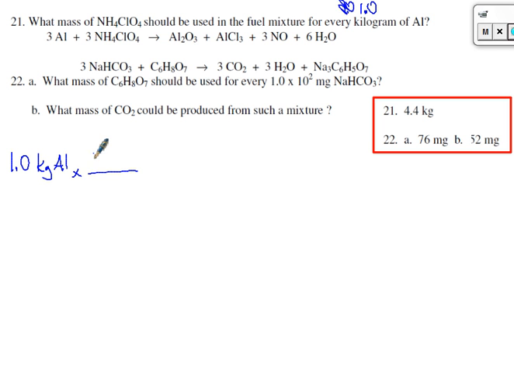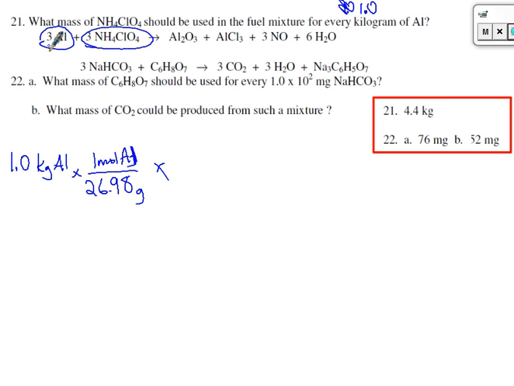So I would just say for every 1 mole of aluminum, there's 26.98 grams. I really should have gone kilograms to grams, but my answer is going to come out in kilograms at the end if I leave this in kilograms. It should be aluminum, not silver. And then I go to my question. Let's see, there's 3 aluminums.